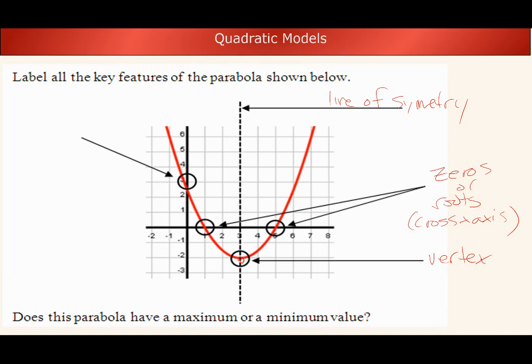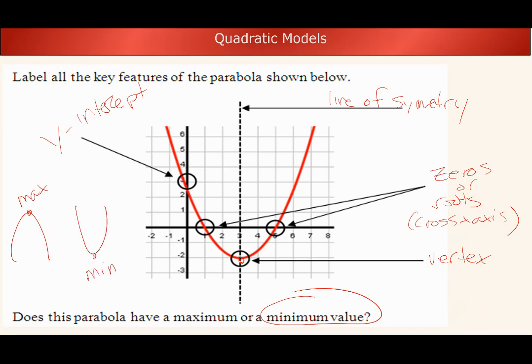And then one last thing, again, we have a y-intercept in this thing. Does this parabola have a maximum or a minimum? Well, in this case, it has a minimum value because of the way that it opens up. This one that opens like that will have a maximum, and one like this one is a minimum. That's pretty much the features that you're looking at.